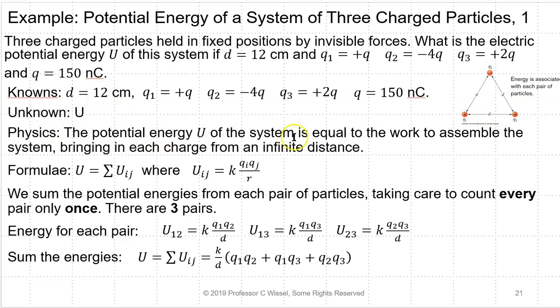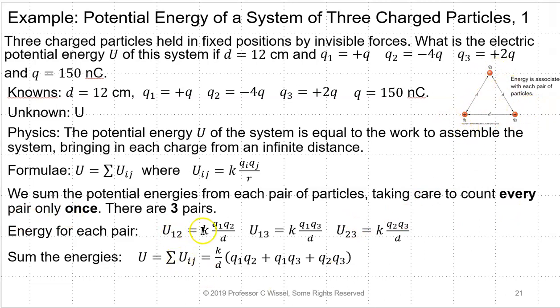The potential energy U of the system is equal to the work to assemble the system, bringing in each charge from an infinite distance. So the formula is U equals the sum of Uij, where Uij equals K Qi Qj over R. We sum the potential energies from each pair of particles, taking care to count every pair only once. There are 1, 2, 3 pairs.